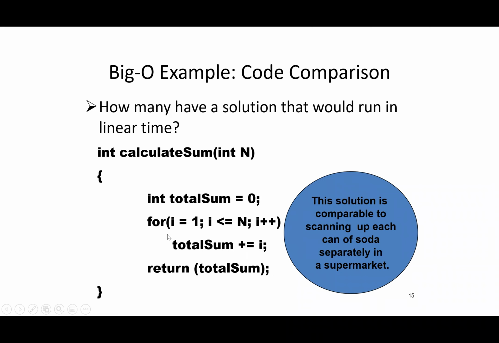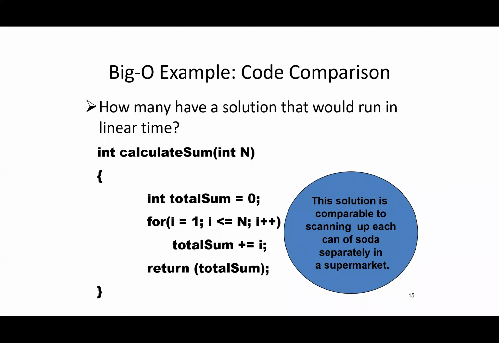Okay, so this solution is the same as when you scan each can of soda separately in the supermarket. It means let's say you buy 10 cans of soda or Coke, any drinks, and then you go and pay. The cashier will take each can that you buy and scan one by one.